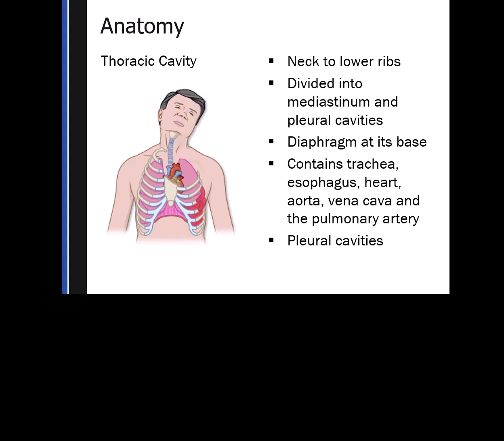Within it, we're also going to be talking about the trachea and the esophagus. Remember, the trachea lies closest to the front. That's why, and this will be a skill you'll learn in the advanced sequence, when you go in, you can make a surgical airway. That's why we have access to it. The esophagus lies behind the trachea, and both of them open up at about the same spot.